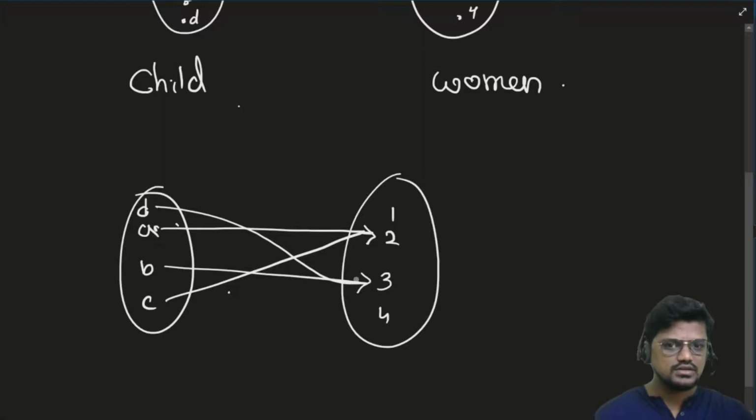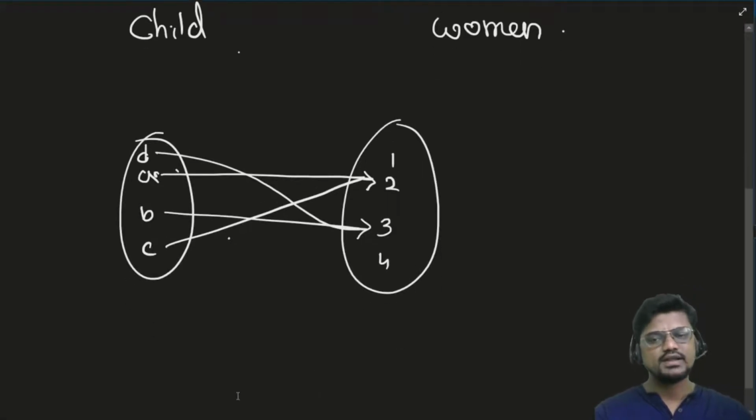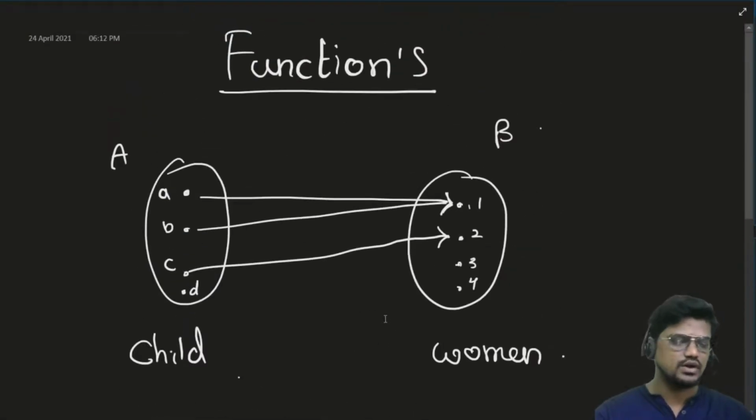Is it a function? Very good. It is also a function. That is fine because two children can have one mother. Now to identify whether it is a function or not, you have understood.